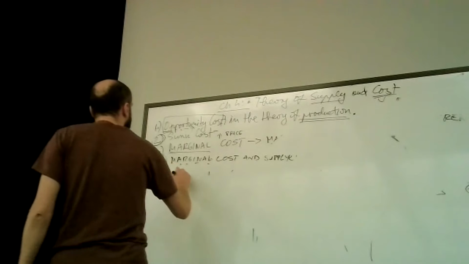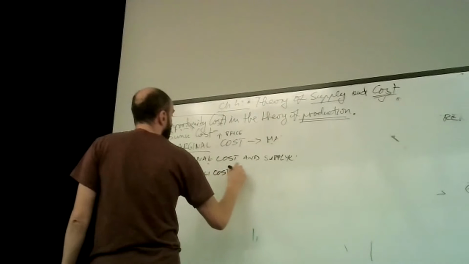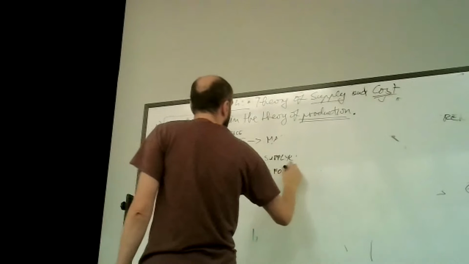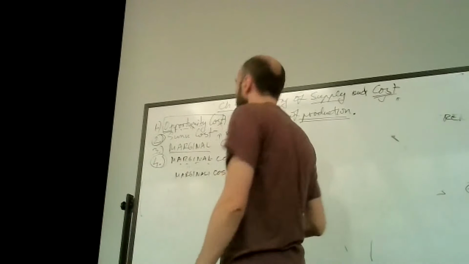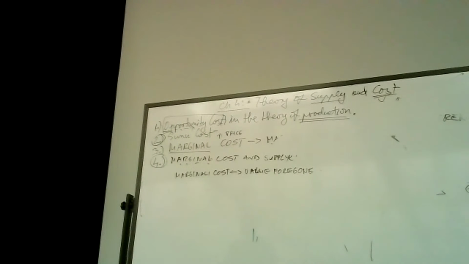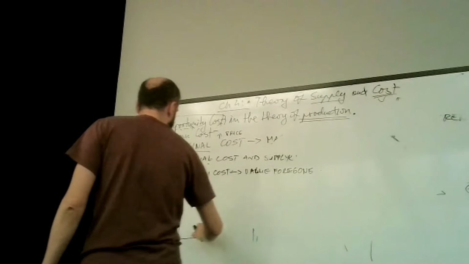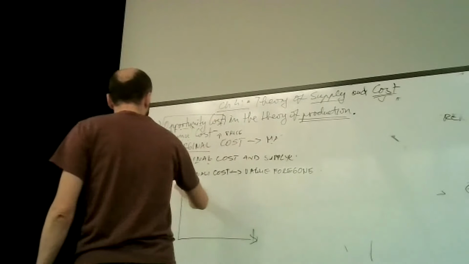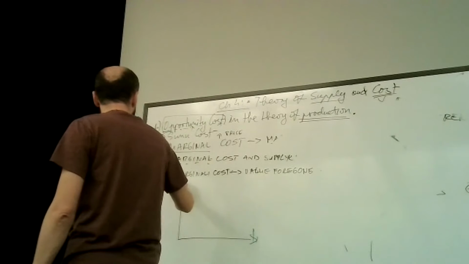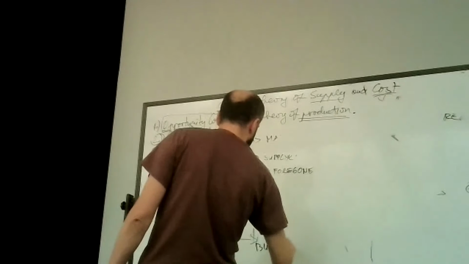Is it the value foregone by producing a little bit less of soybeans? So remember this production possibilities frontier curve. You have one good on the vertical axis, let's say bread, and butter on the horizontal axis.